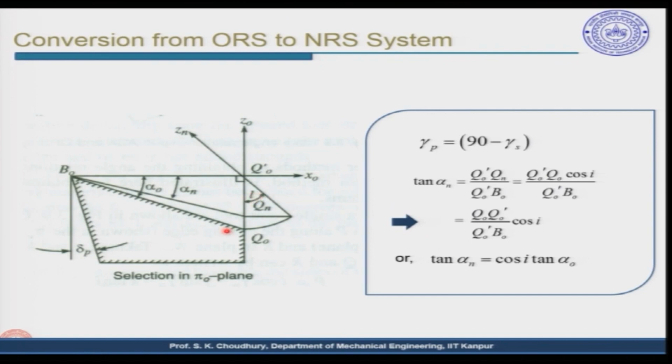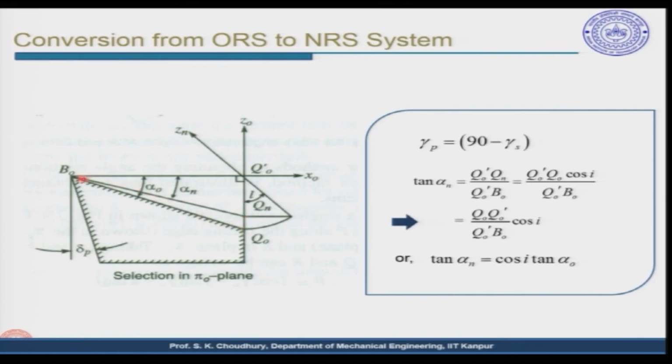Now, we can project all these points on this axis. If we redraw this tool in the normal rake system, this point is projected like this onto the Zn axis, and then from here we come to the Z0 axis. So this point is transferred from here to here. You understand how it is done.